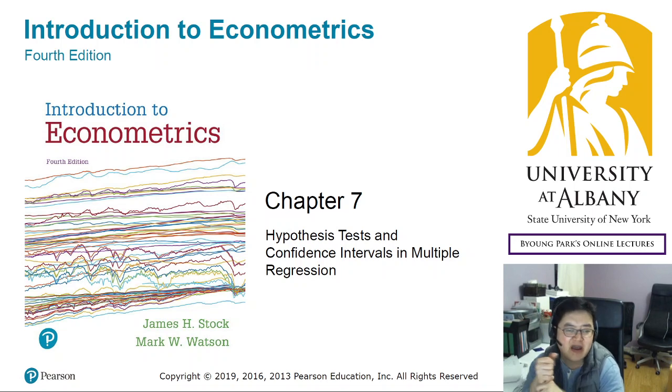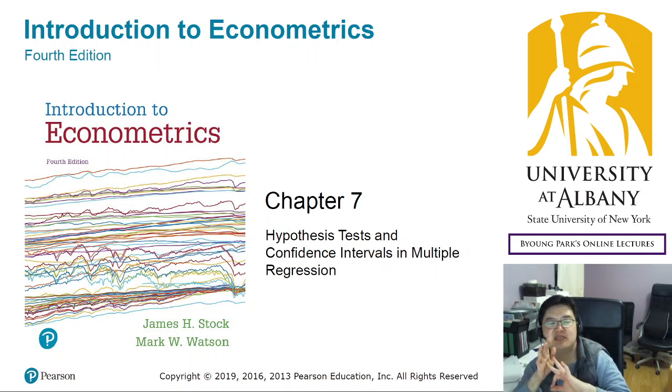And chapter 5 was statistical analysis of the single regressor regression case. So we learned hypothesis test, confidence interval, how we calculate the standard error, what the sampling distribution is, what the t-statistic is, and what the p-value is. Those are covered in chapter 5. So chapter 4 and chapter 5 are a pair.